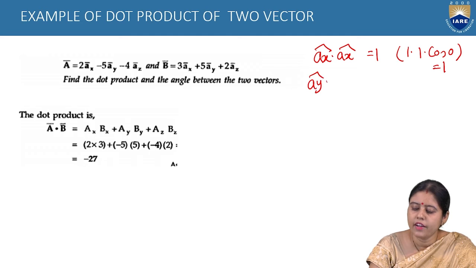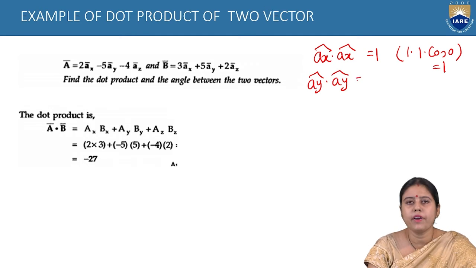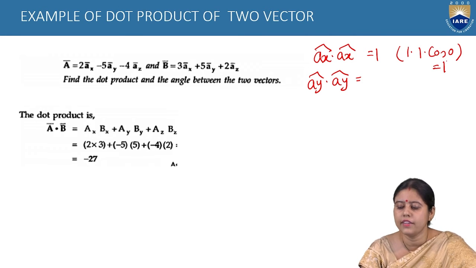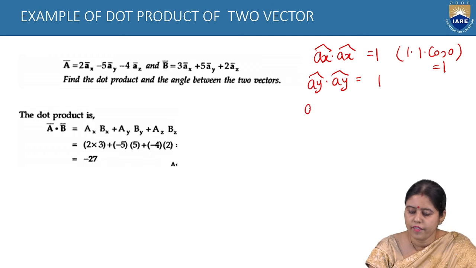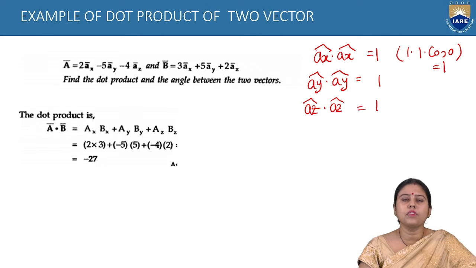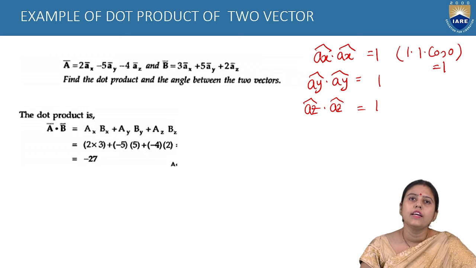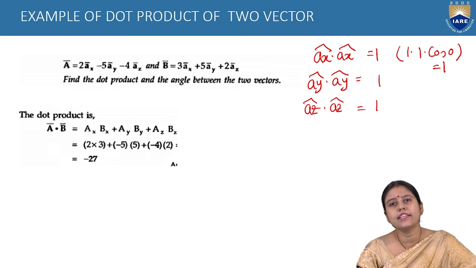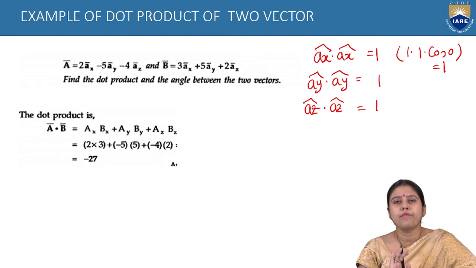Similarly, ay dot ay. Unit vector, magnitude is 1, and as both are parallel, angle is 0 degree. It is 1. Az dot az is also 1. It means if two unit vectors are parallel to each other, their dot product is always 1.